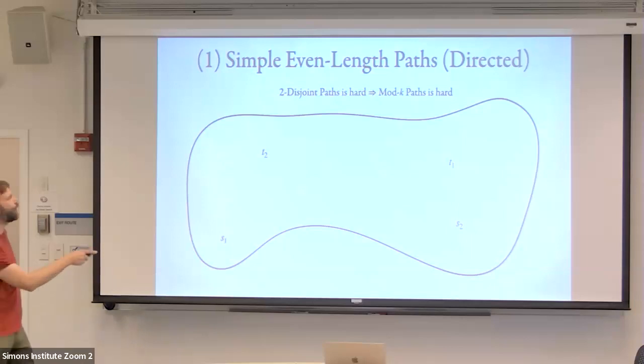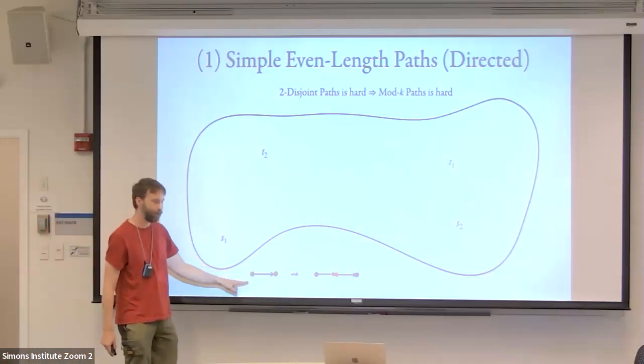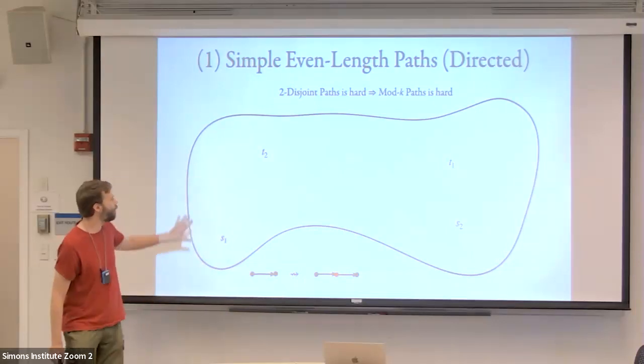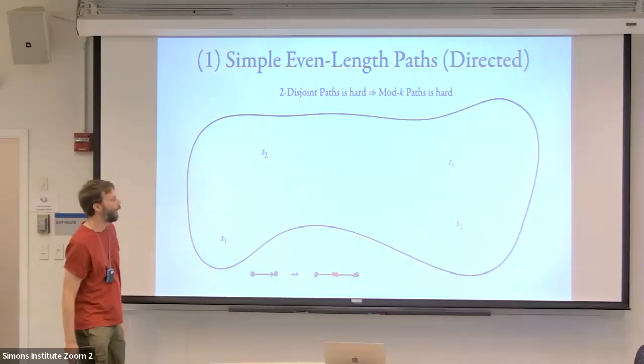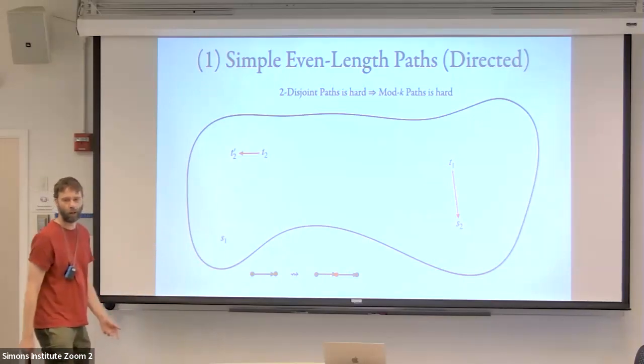Now let's reduce that to the modulo 2 problem. How do you do that? First of all, every edge in your graph, you turn into 2 edges. You add a node in the middle, which means that every path in your original graph now has even length. Now you add one edge from your first target to your second source, and at the end you add one more edge.